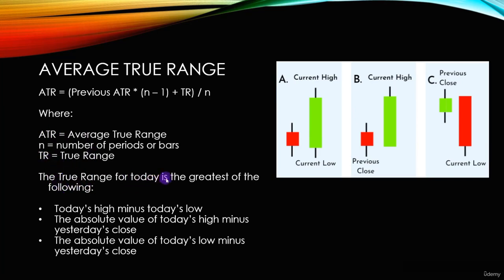So the TR is the greatest of the following: either today's high minus today's low, the absolute value of today's high minus yesterday's close, or the absolute value of today's low minus yesterday's close.